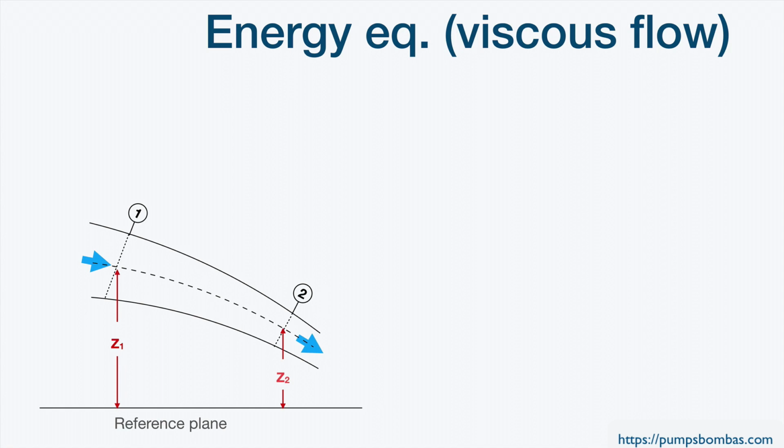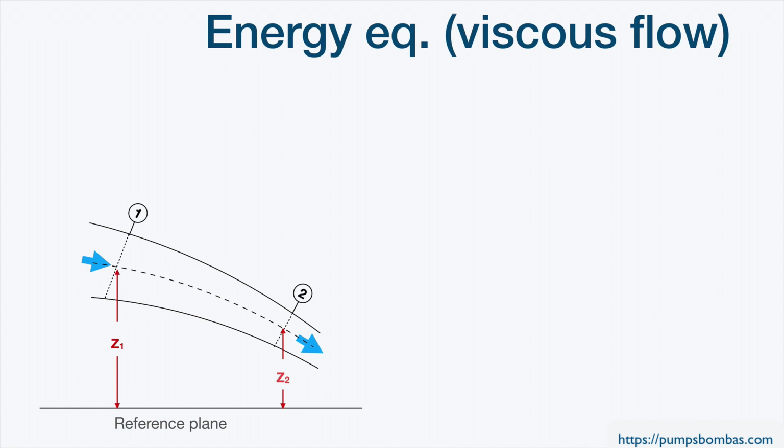The same we have seen before, a confined flow between walls, a duct or a pipe, with a reference plane about which we are measuring the heights Z1 and Z2. What other type of energy do we have in section 2?